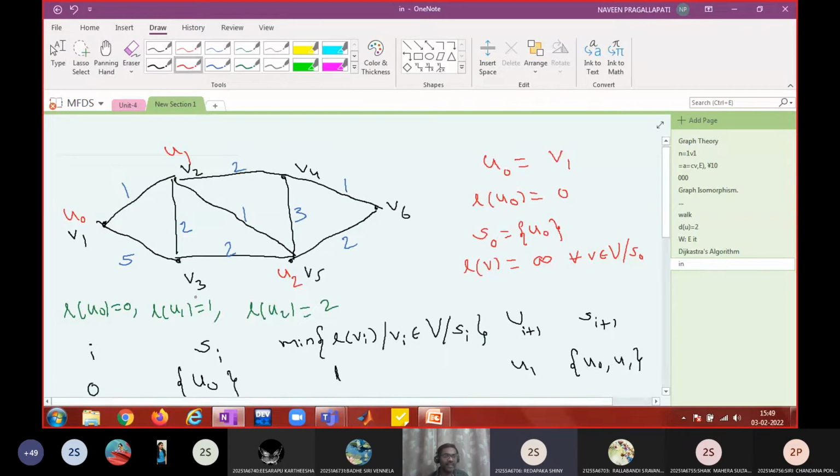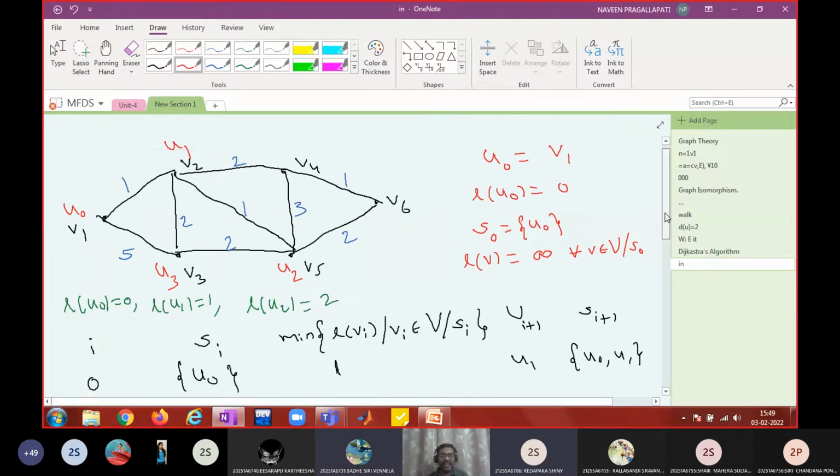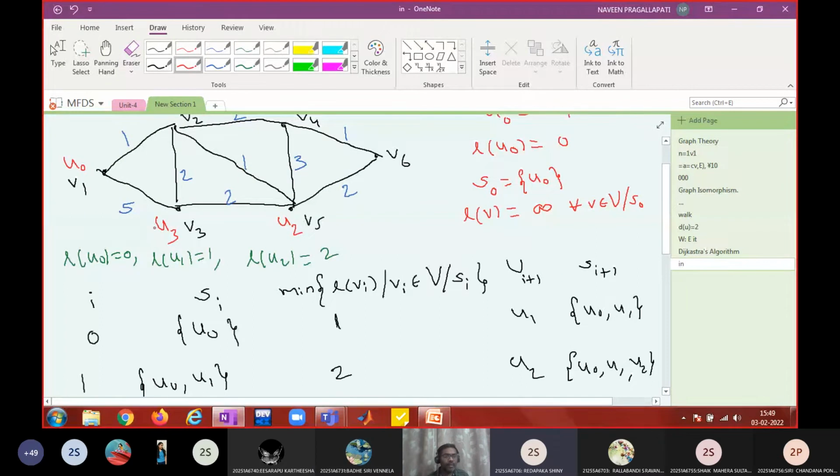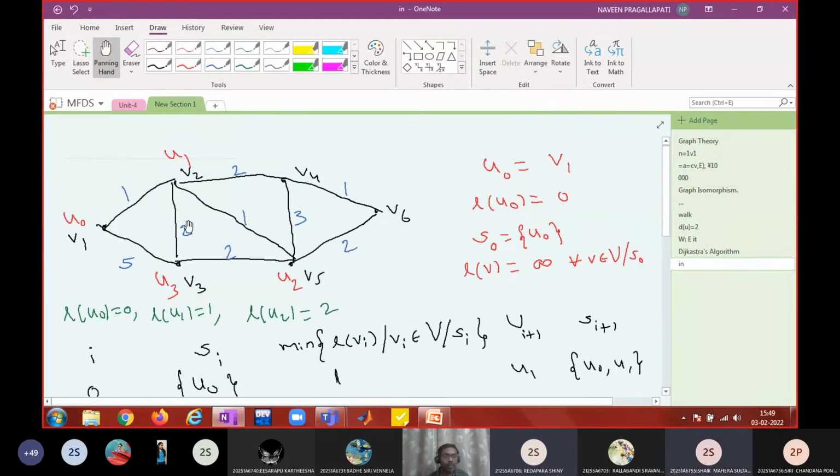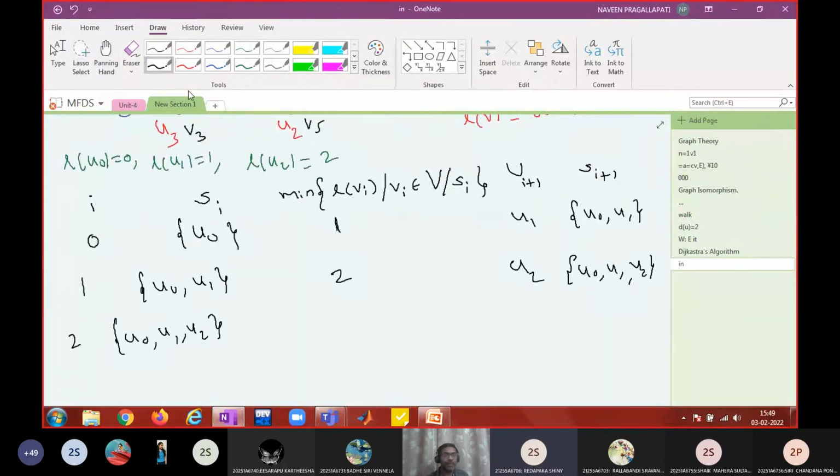If I select V3, I have to call this U3. Then what is its weight? Its weight is going to be 3: 2 plus the weight of U1, which is 1, so 2 plus 1 is 3. So the next vertex is U3, and the new set is U0, U1, U2 and U3.